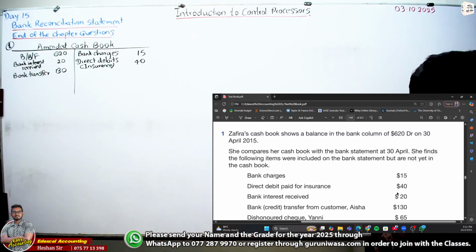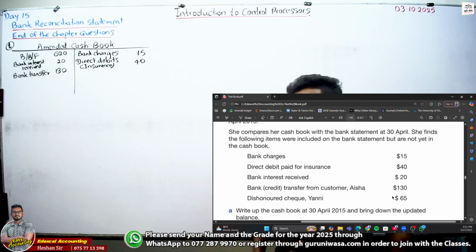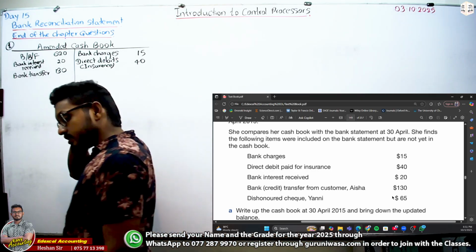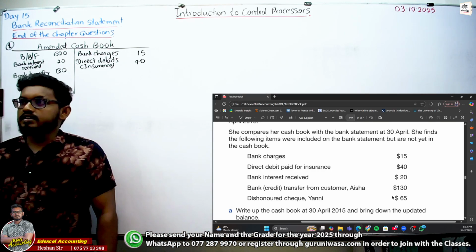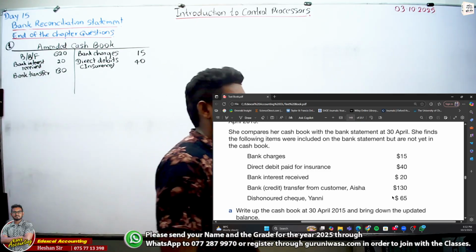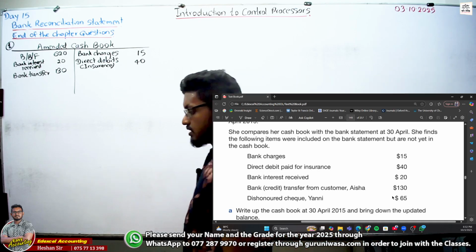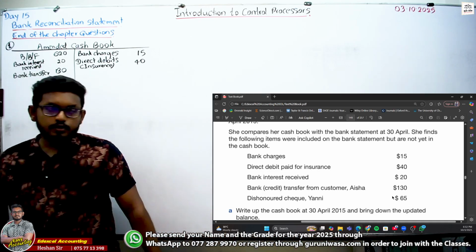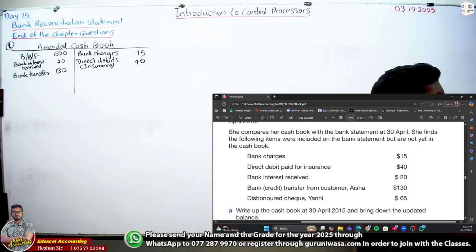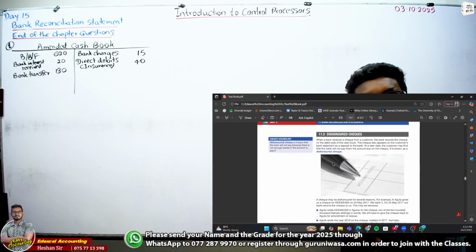Dishonored checks. Now there is a matter. We don't know whether this is an issued check dishonored or a deposited check dishonored. Mostly, when we issue checks, go to the dishonoring part.